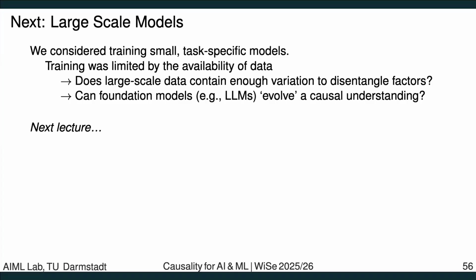To invert those mixings, the main two categories, as we've seen, are either to have interventions in settings where we have, for example, agents or carry out experiments, maybe in a lab or in the real world.